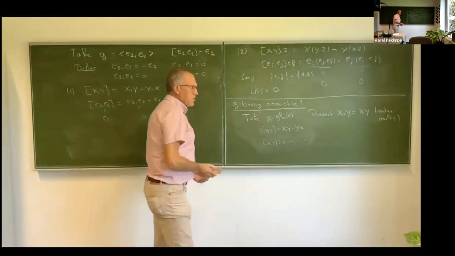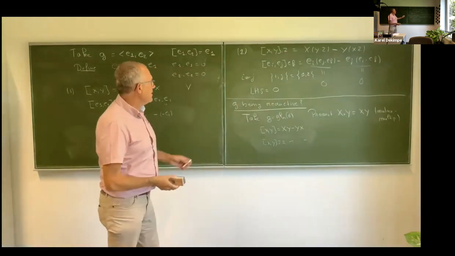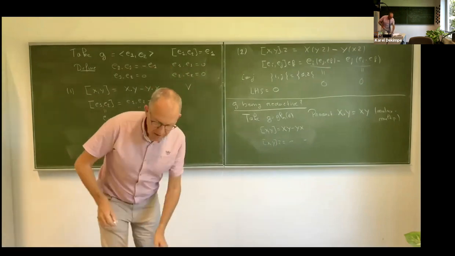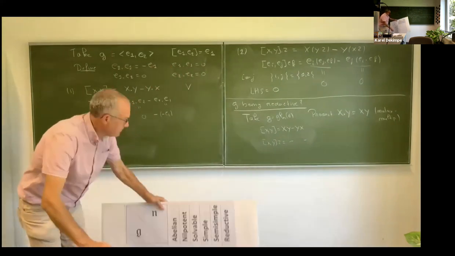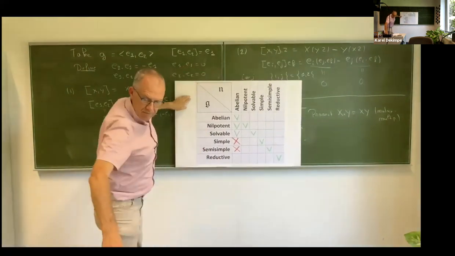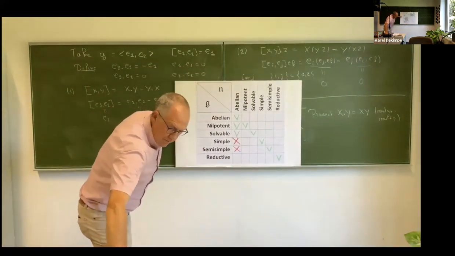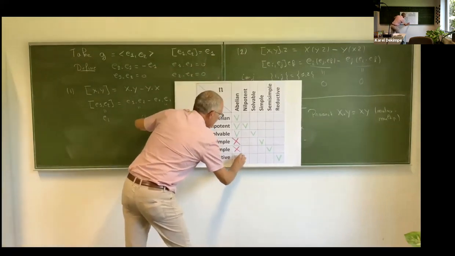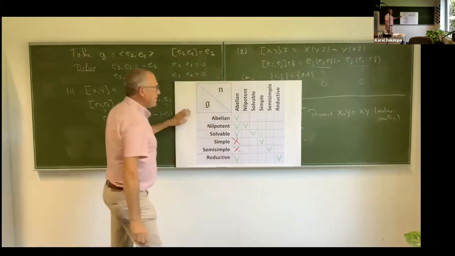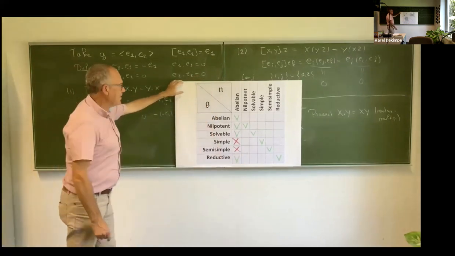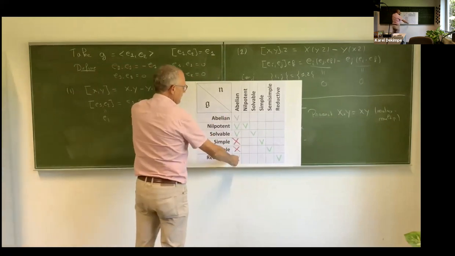So, as a conclusion, we have that also for the reductive Lie algebras, we can fill up our scheme. And so I can put a check mark over here. And in this way, I have filled up the first column.